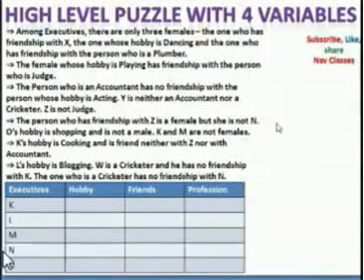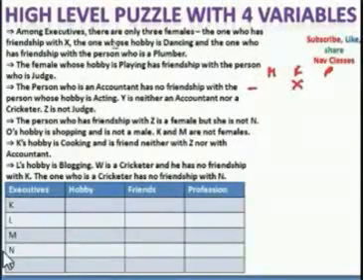Now let's read all step by step and put the information wherever we get it, and if we cannot place it, just write it down in a symbolic way. Firstly, there are only 3 female executives. We denote female with a negative sign, and I write it like hobby, friend and their profession.